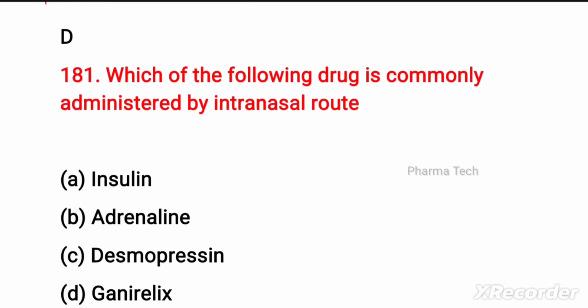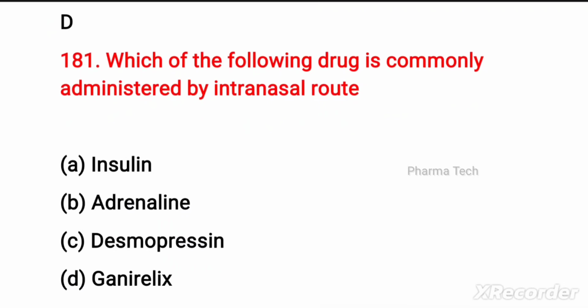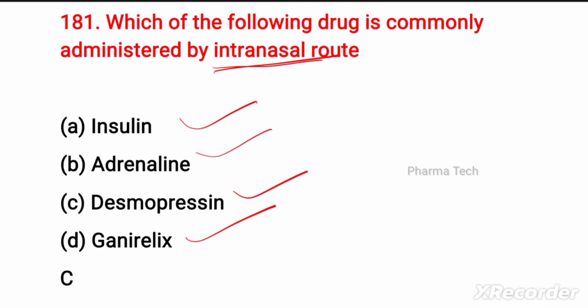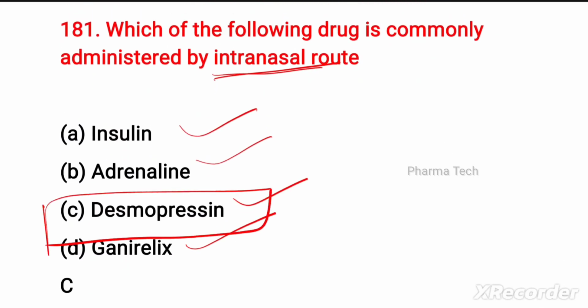Next question, which of the following drugs is commonly administered by intranasal route? Options are insulin, adrenaline, desmopressin, ganirelix. Answer is C, desmopressin. Desmopressin is commonly administered by intranasal route.